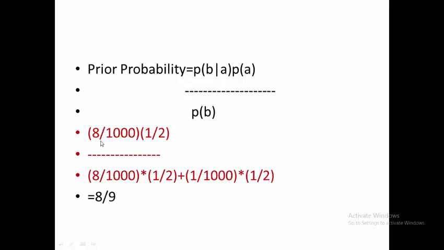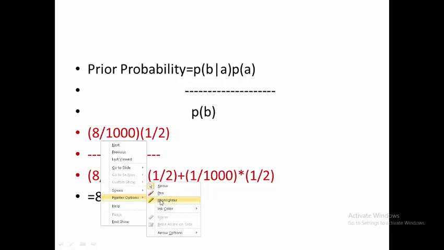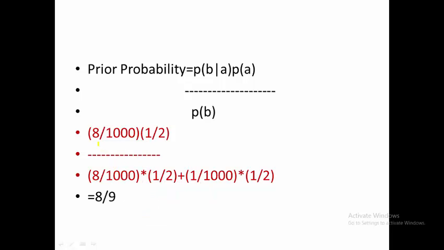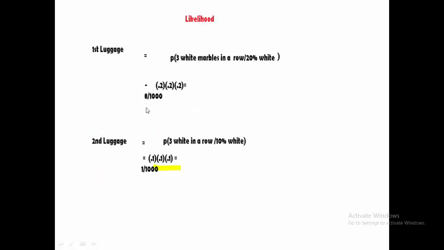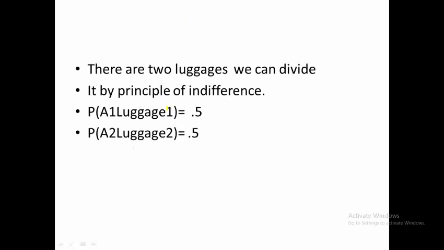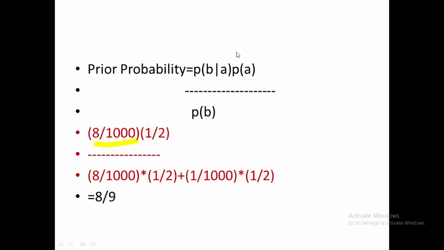And what we have done here is we have put the likelihood data, that is 8 by 1000. You can observe here, this is how we got likelihood function for the first luggage, 8 by 1000 multiplied by probability of A. Probability of A means probability of luggage 1.